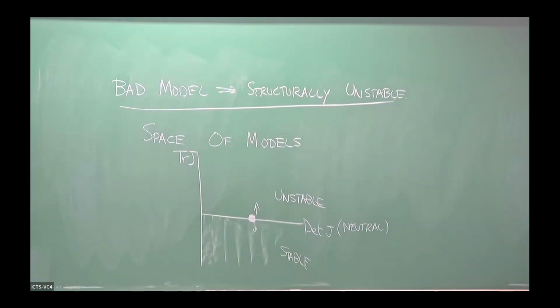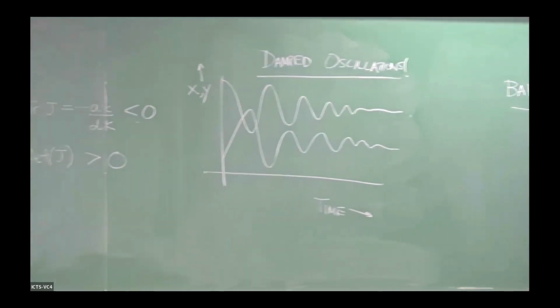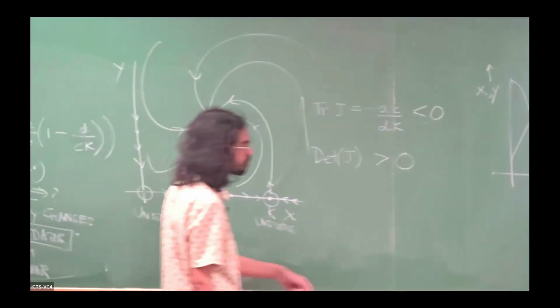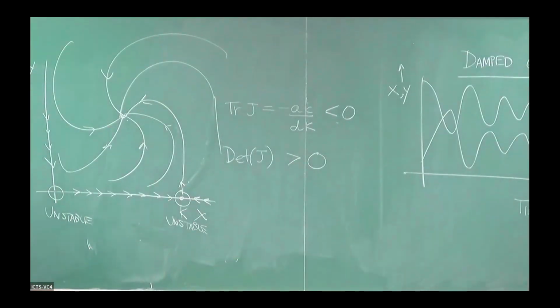Okay, so this doesn't give us the oscillations that we want. It gives us damped oscillations. So what do we do to get some nice oscillations with a defined amplitude and time period? Let's talk about our phase space. So our phase portrait can't look like this.